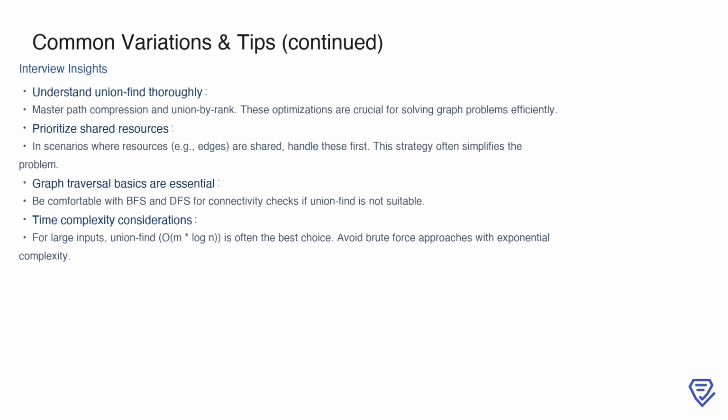Alongside this, a strong grasp of graph traversal basics is essential. Being comfortable with BFS and DFS for connectivity checks can be especially helpful in cases where union find is not the most suitable approach. Lastly, always consider time complexity. For large inputs, union find, with its efficient O(m log n) performance, is often the best choice. Avoid brute force approaches, as their exponential complexity can quickly become infeasible.